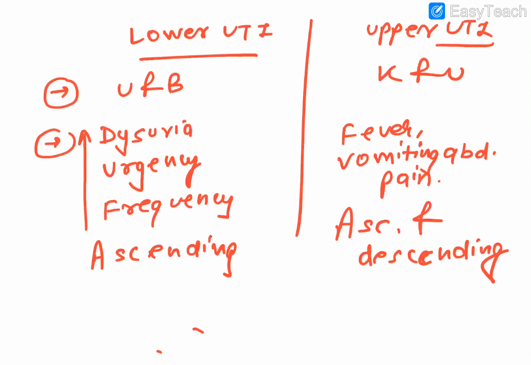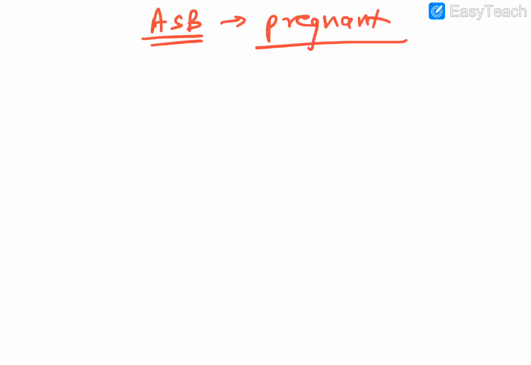Now, talking about certain things like asymptomatic bacteriuria, because they need to be discussed somewhat. That is ASB. I've told you ASB is a problem in whom? It's a problem in pregnancy. So you need to go for a routine urine examination in pregnancy, one thing.